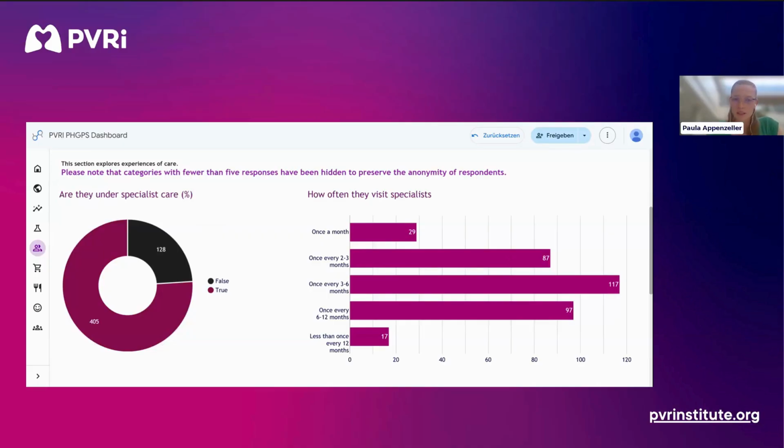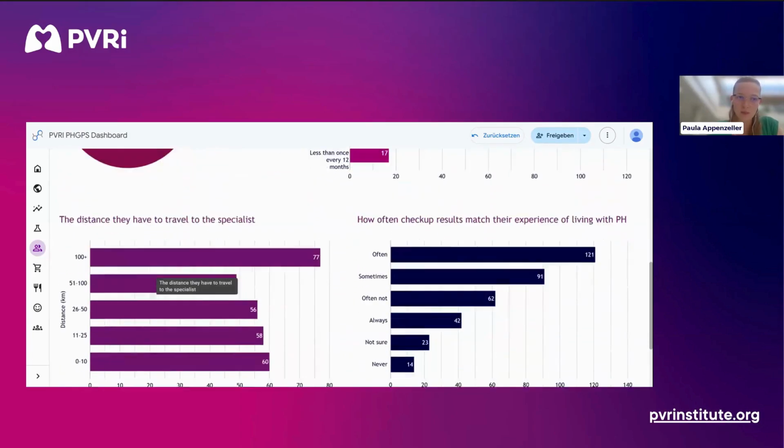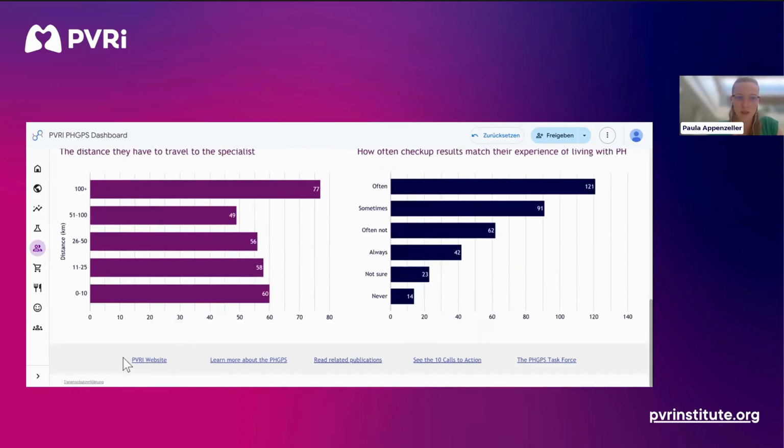So these were just 5 short examples of how you can use the different filters and how you can apply them across questions to allow comparisons between regions, between countries, but also between groups of diagnosis. On the website, you can also see at the bottom links to the PVRI website, but also to the related publications to the PHGPS if you want to see more.